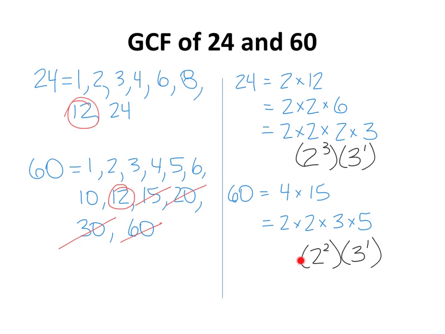Both pieces involve powers of 2, and the smallest number of 2's that we have are 2 of them. So then our greatest common factor will involve 2 multiplied by 2, the smaller of the exponents, and 3 to the power of 1.